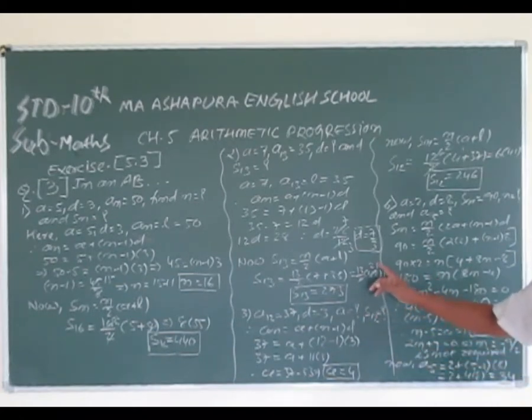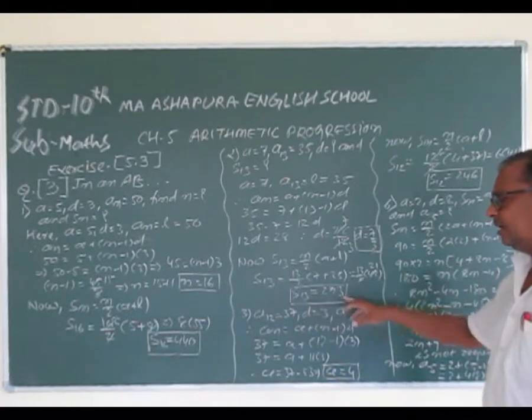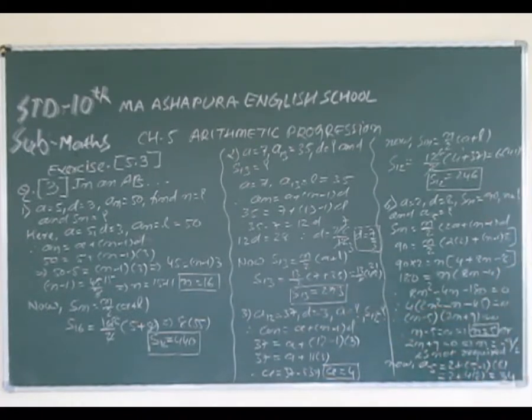We know that 21 2s are 42, so therefore we cut out and get S13 is equal to 21 multiplied by 13, and finally product of the two numbers 21 and 13 we get 273. So therefore S13 is equal to 273.